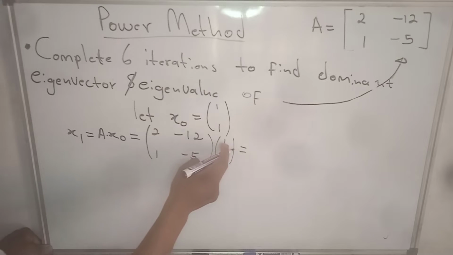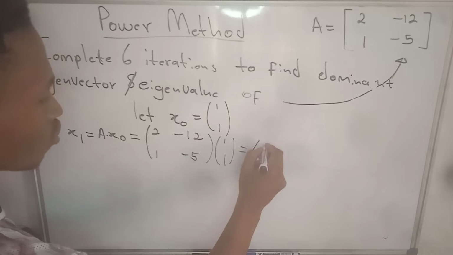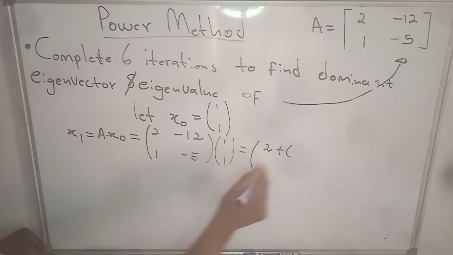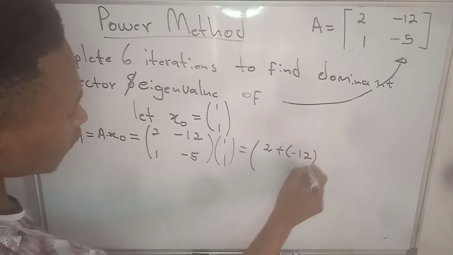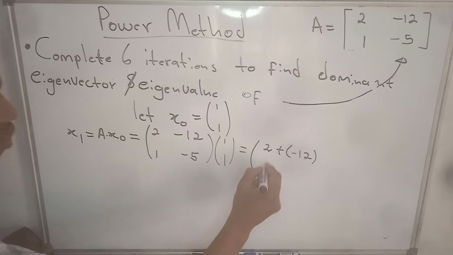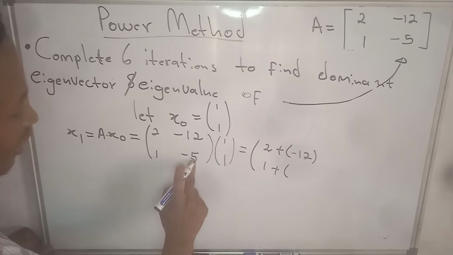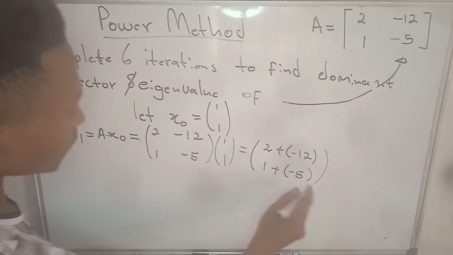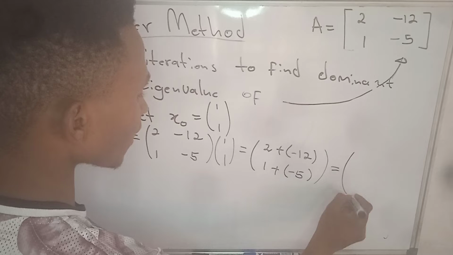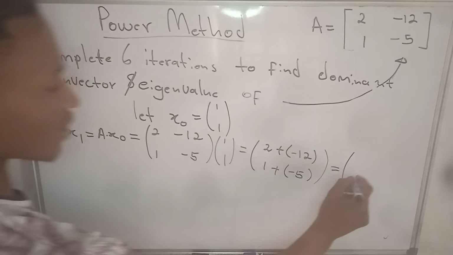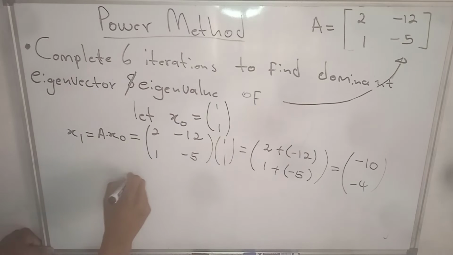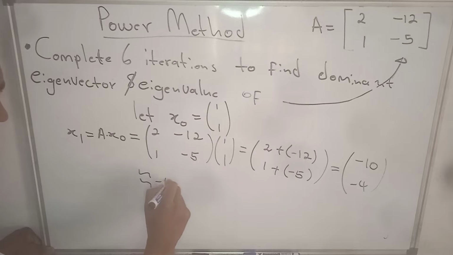So 2 times 1 is 2, plus -12 times 1 is -12. 1 times 1 is 1, plus -5 times 1 is -5. This simplifies to -10 and -4.